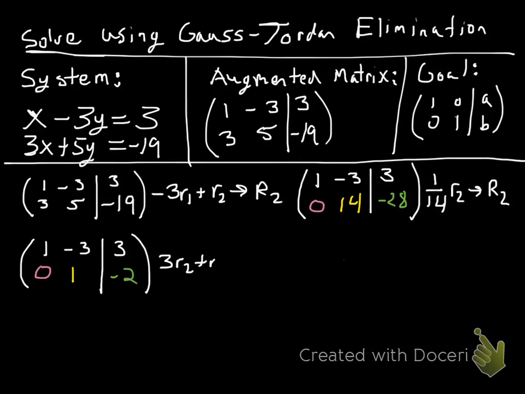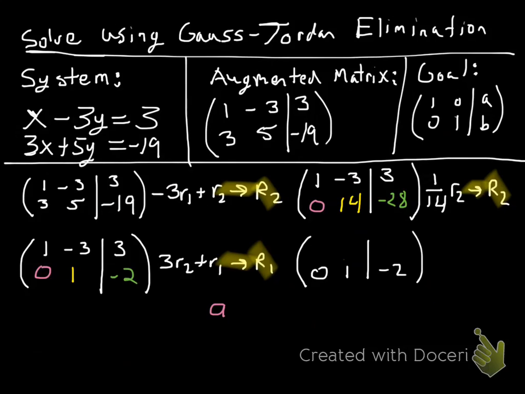So 3 row 2 plus row 1 is going to be our new row 1. The bottom row is unchanged, only the top row is being changed. Whatever this big R is, that's the only thing that's changing.